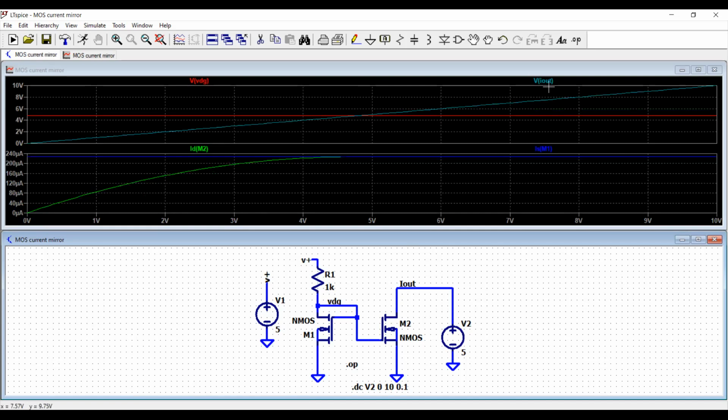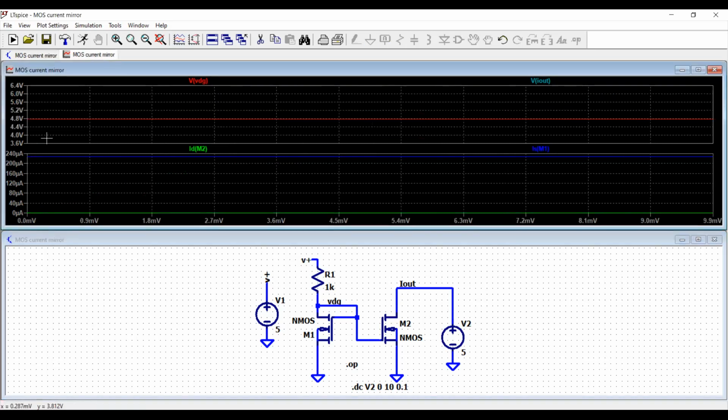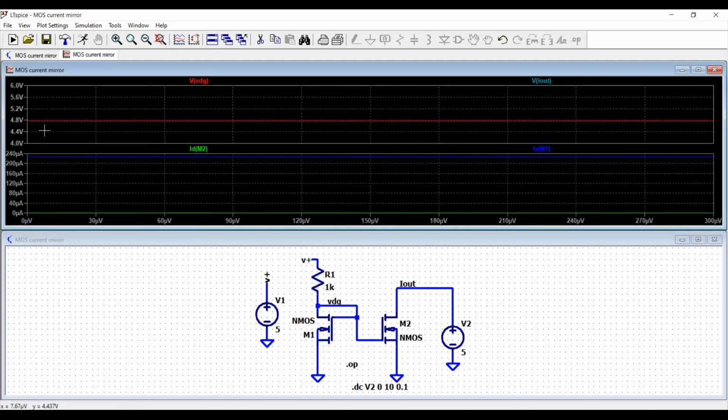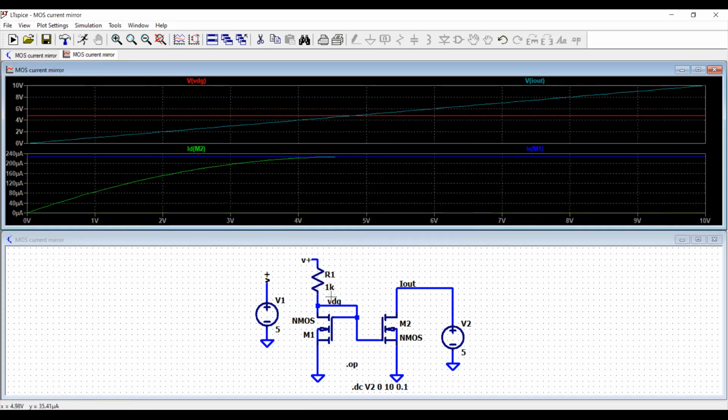VI of out is nothing but this DC voltage source that I am sweeping linearly. So you can see my VGS is constant at about 4.7 volt, what we saw in the DC operating point analysis. So that is the VGS I have to keep.